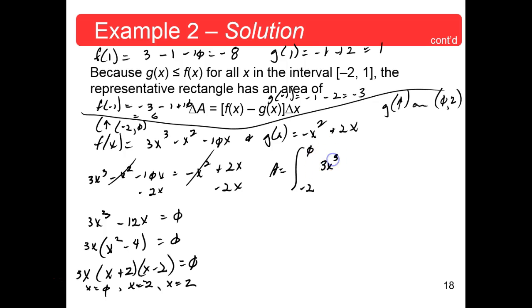3x cubed minus x squared minus 10x plus x squared, because it's minus g, plus x squared minus 2x dx.